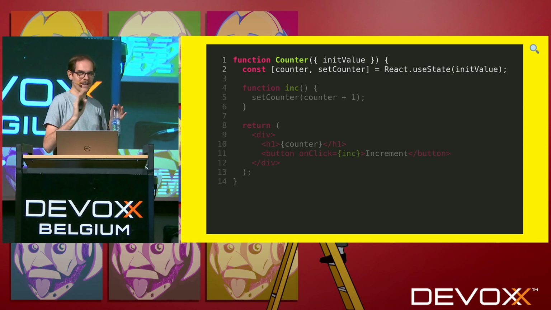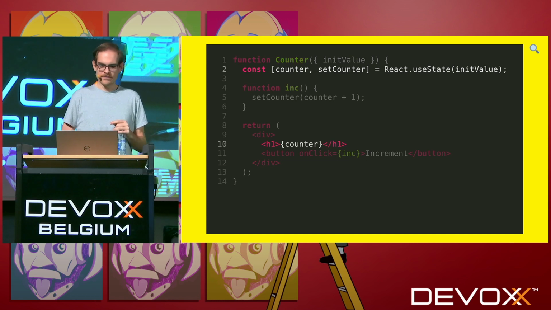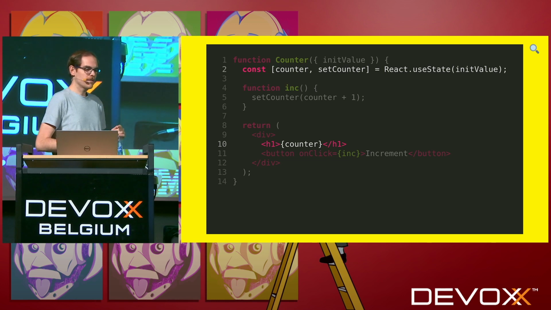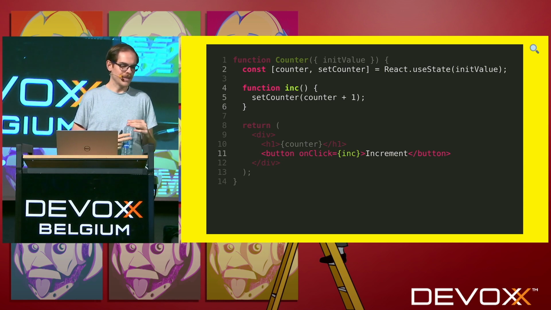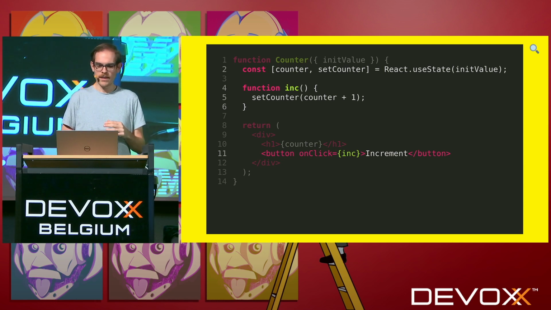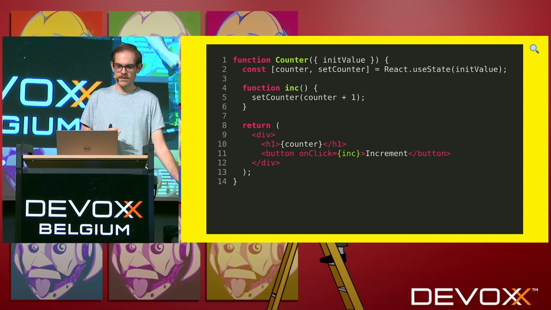This is the counter example, by the way. If you haven't realized by now, it's always the counter. So you can use the counter value in your render as it is, and then you can use the setCounter the same way. And notice how, since this is a function, everything is in the same closure.